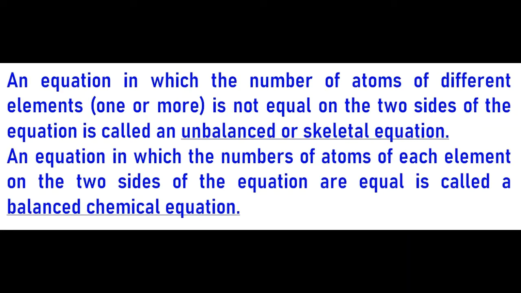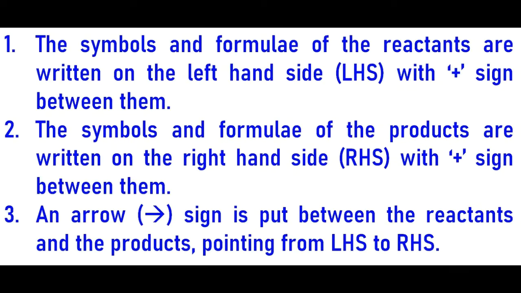Vice versa, an equation in which the numbers of atoms of each element on the two sides of the equation are equal, remember this point, is called a balanced chemical equation.